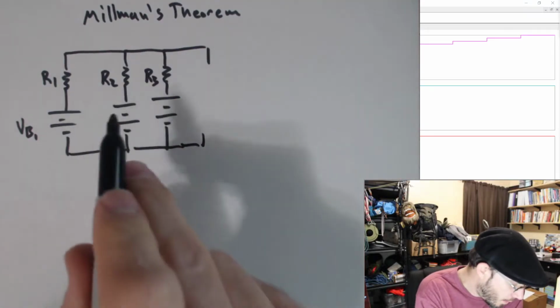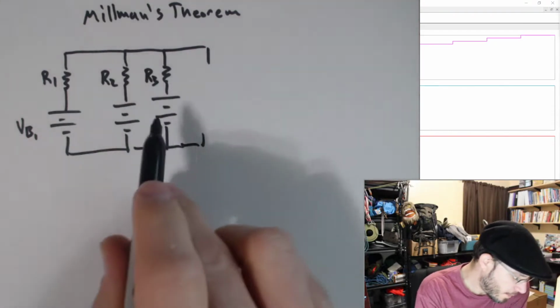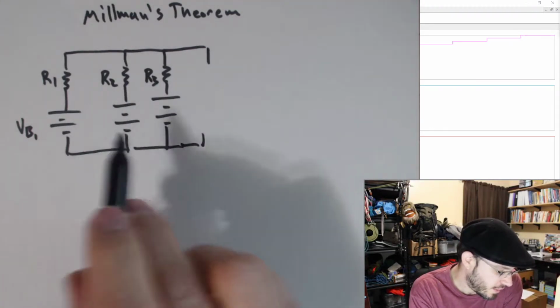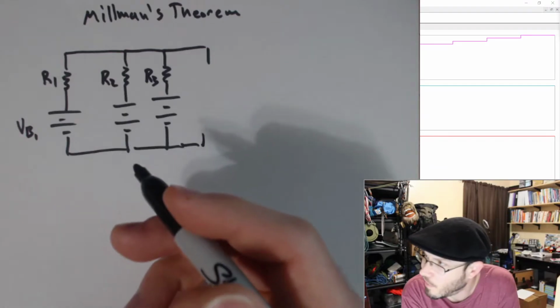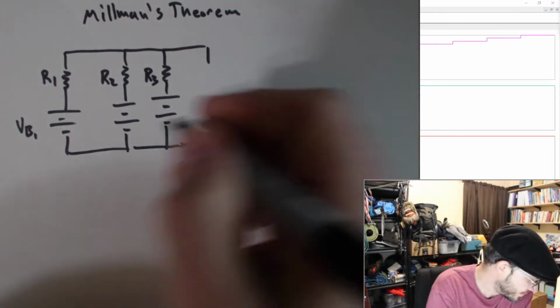And so Millman's theorem is about solving a bunch of parallel branches where each parallel branch consists of a voltage source in series with a resistance.